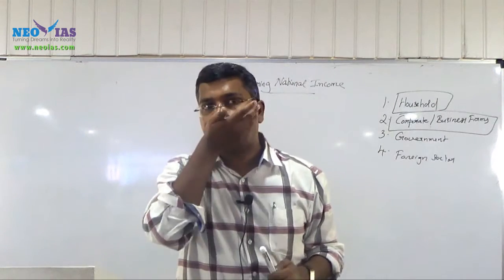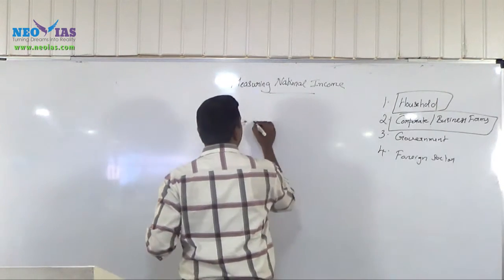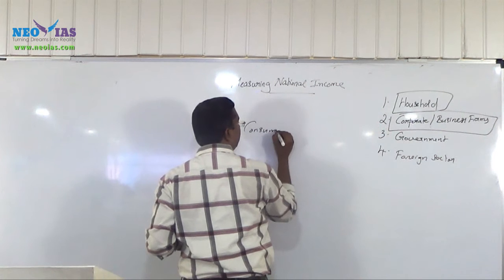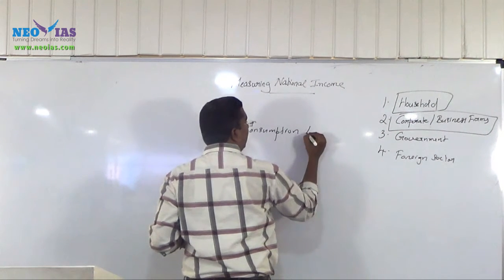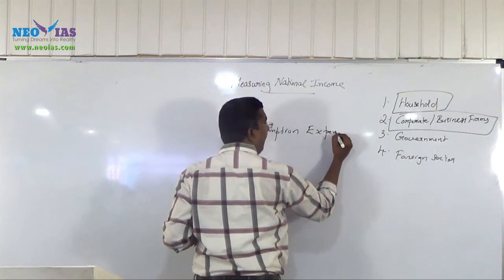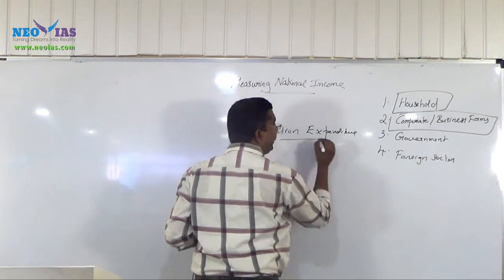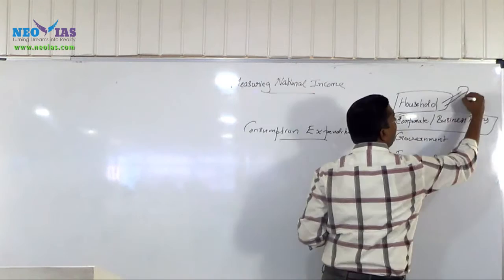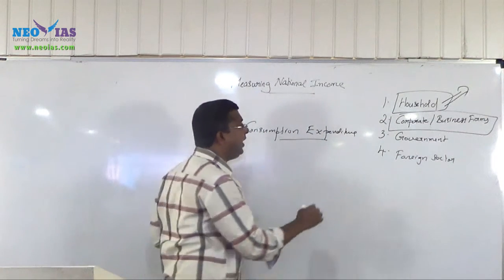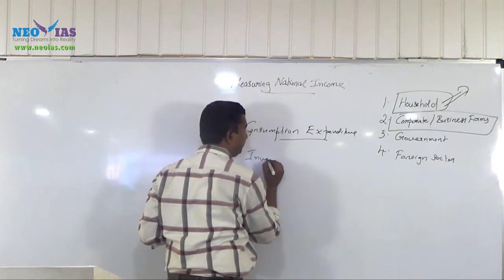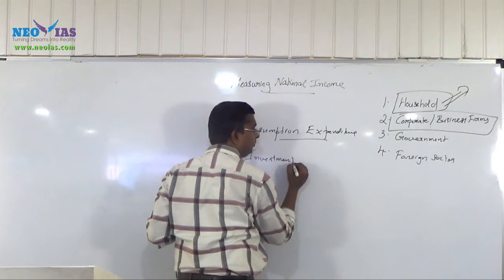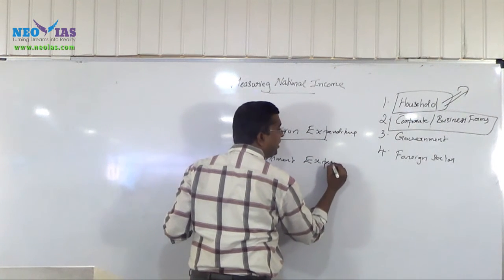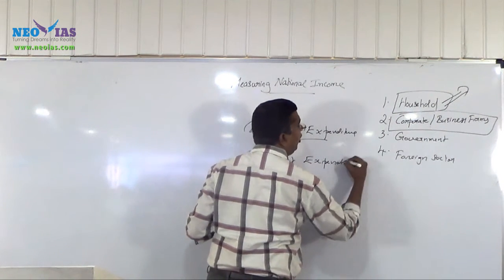One is consumption expenditure. Consumption expenditure is the expenditure made by the household sector. And investment expenditure is the expenditure made by the business firm or corporate.